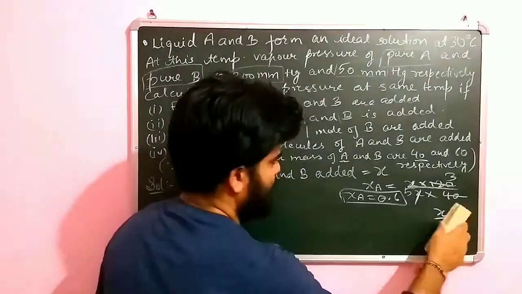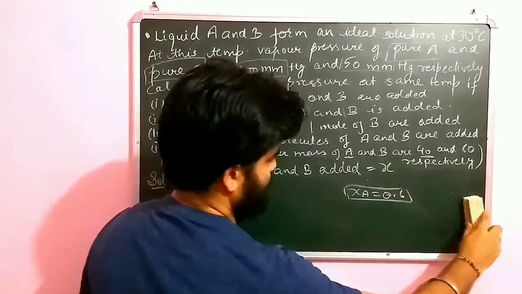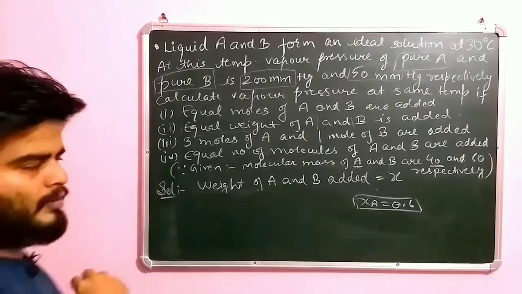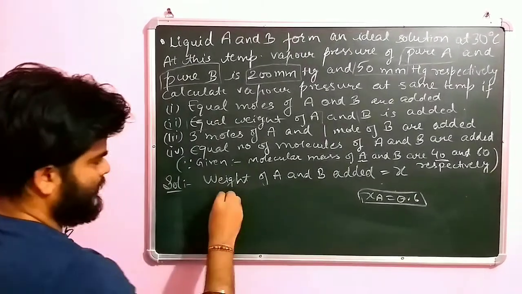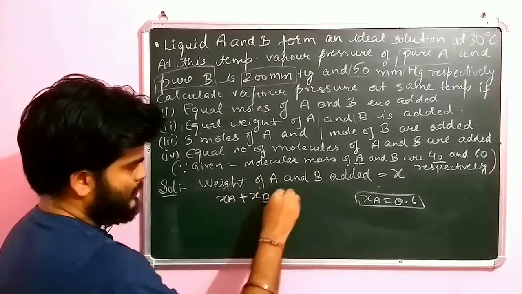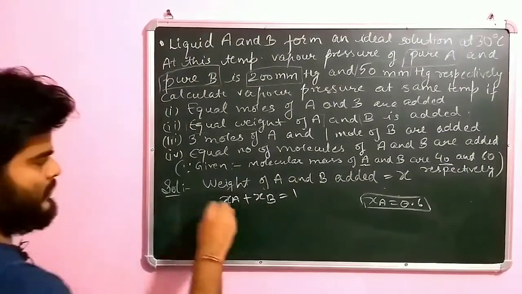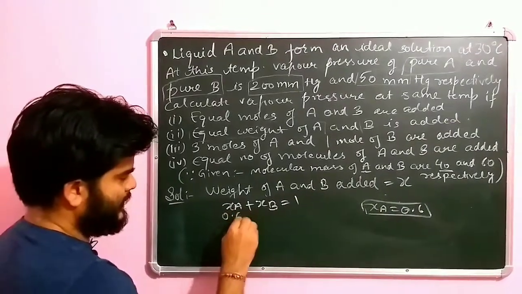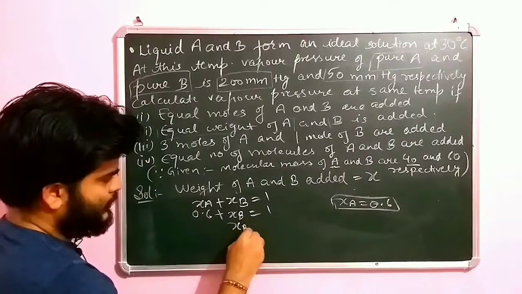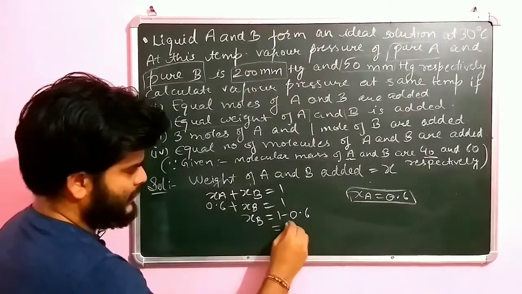I am just taking the value of this mole fraction of A. As we have found out the mole fraction of A, now we know that the sum of mole fraction of solute and solvent is 1. As this is 0.6, so mole fraction of B comes out to be 1 minus 0.6.